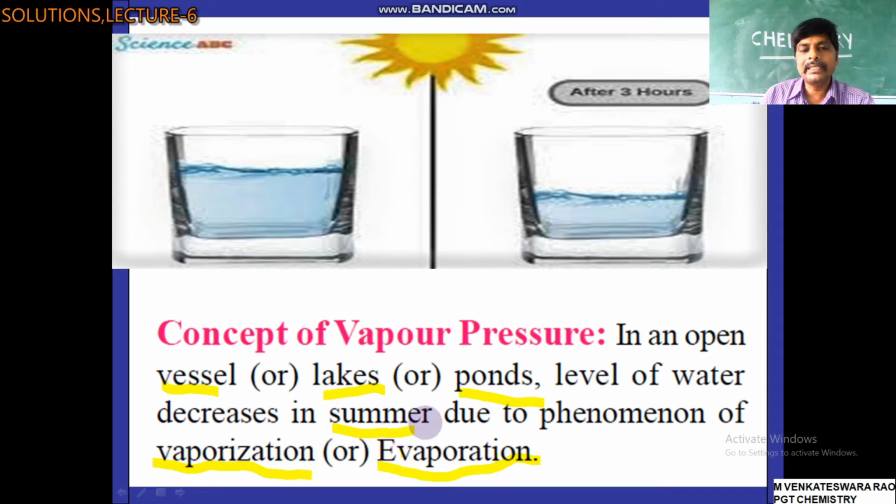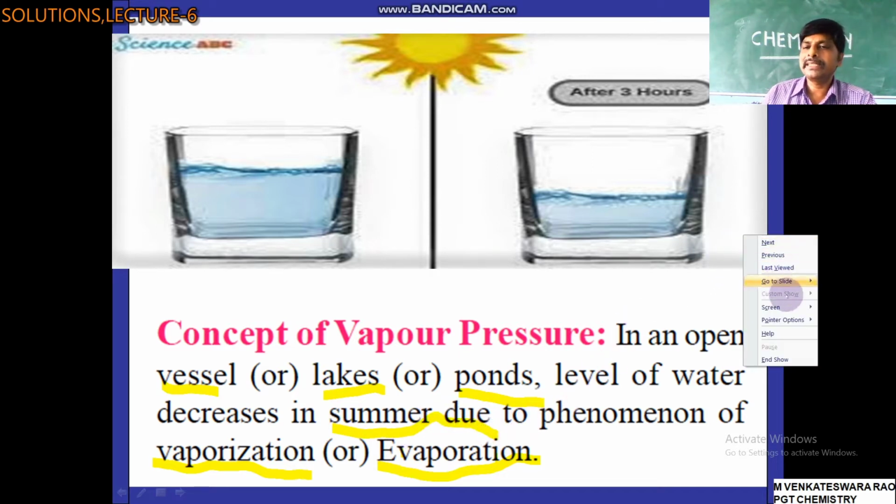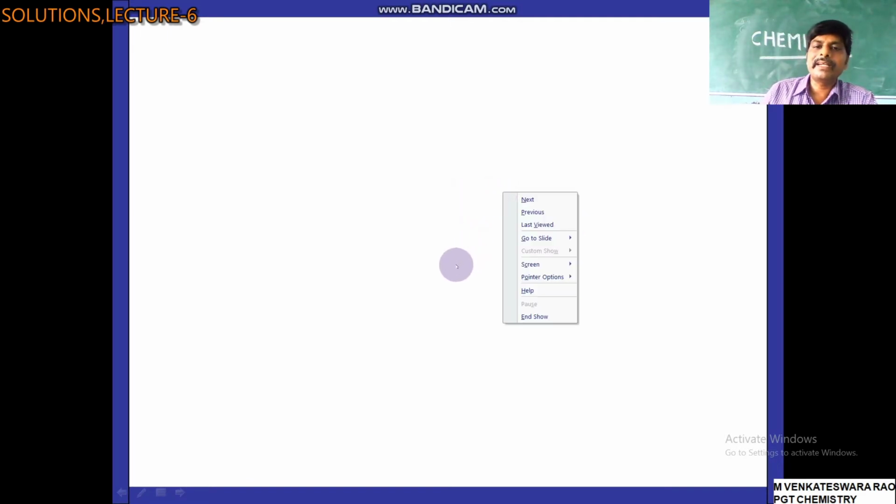Not only in summer, it will take place even in the rainy season or winter season also. Will evaporation take place only in summer? No. Every time, everywhere it will be there.